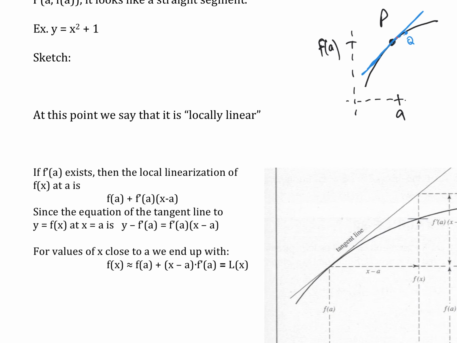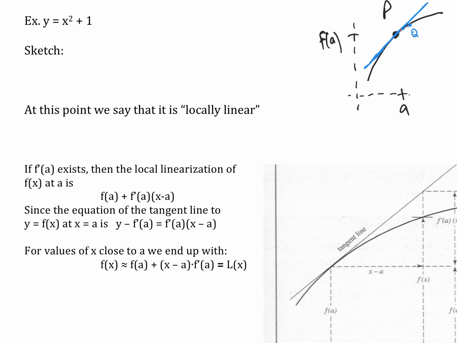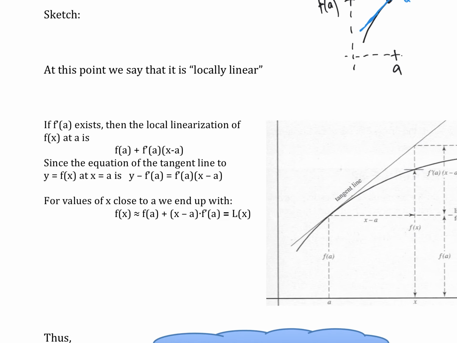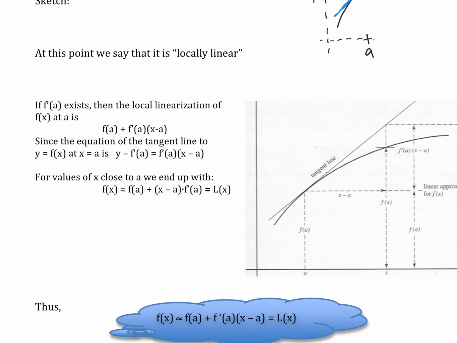Well, we know we take the derivative, and we know that we can get a tangent line. So over here, I'm going to say something is locally linear, and I'm going to create the tangent line. So we have here this equation. Let me highlight it for you guys. And look, it just looks like y equals mx plus b, right?